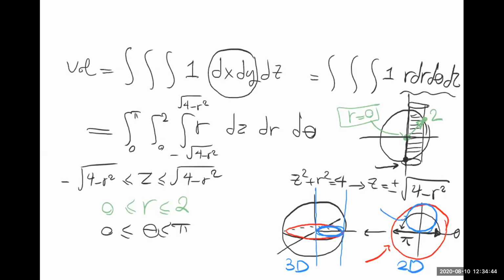And theta, well, the region starts from here. For these points, it's 0. It goes up, gets to pi. So theta changes from 0 to pi. So I should compute this integral.